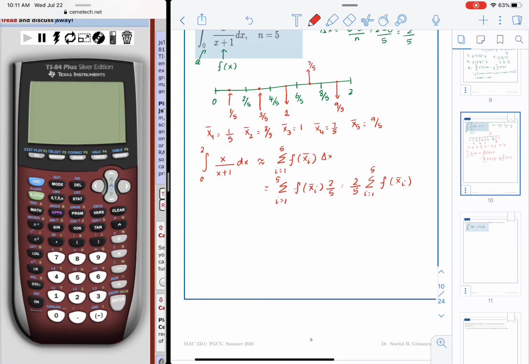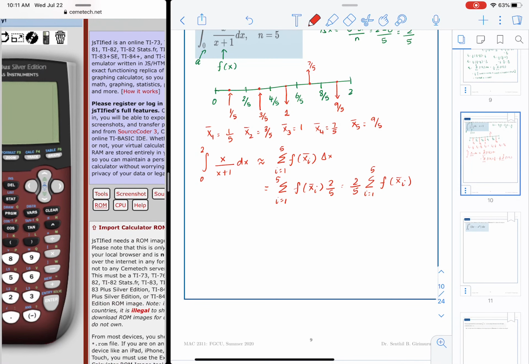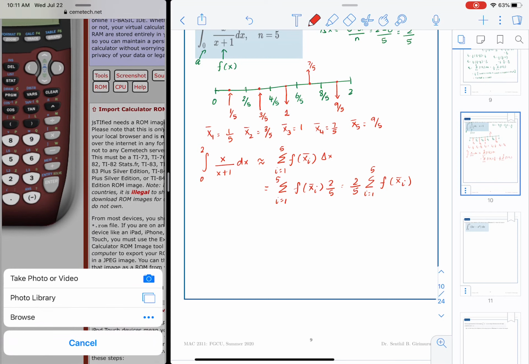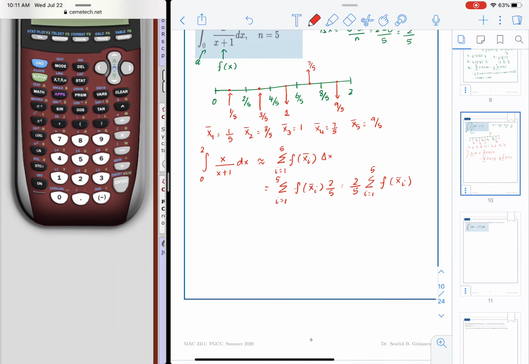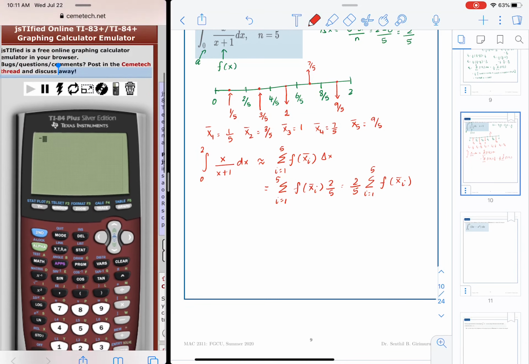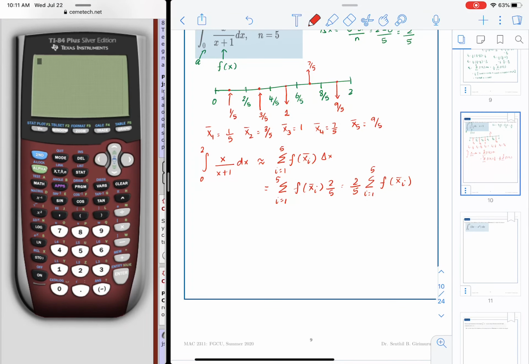So what we can do now is use the calculator to get the midpoint values. The function is x divided by x plus 1. And we can go to table set.